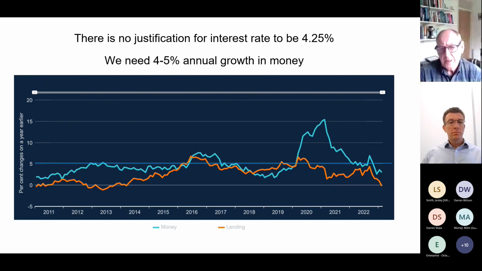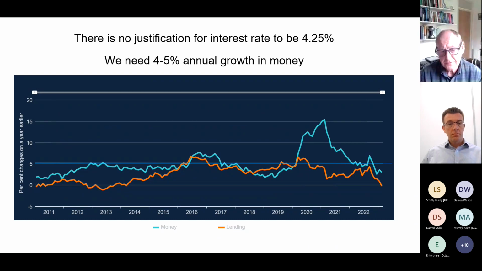We need money supply to grow between about 4 and 5% a year. And the way we manage this is by raising or lowering its price. The Bank of England does that. And the whole idea is to set an interest rate now which will get that blue line running at around 5% a year.